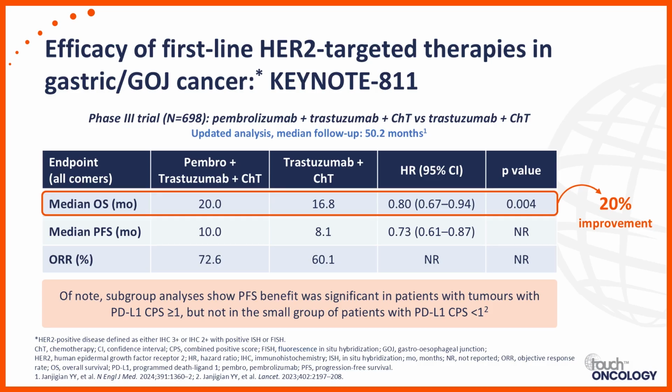In this study, we have shown that the combination of chemotherapy doublet plus trastuzumab plus pembrolizumab was more active in HER2 positive and PDL positive tumors compared to the trastuzumab chemotherapy combination.